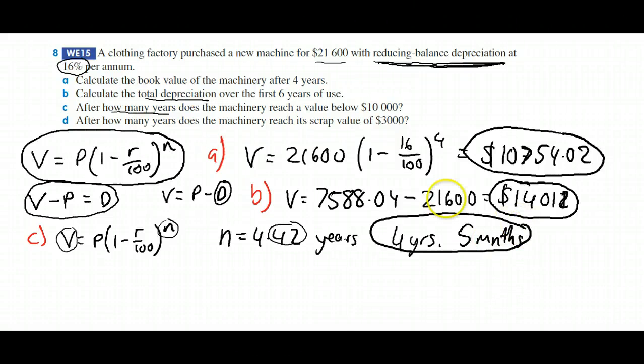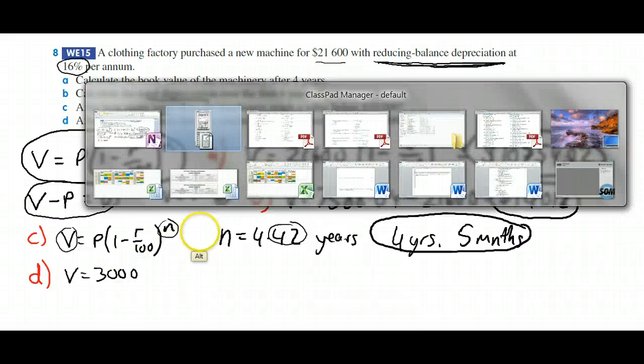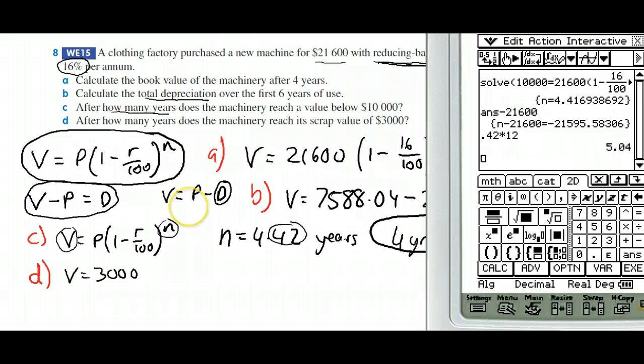And lastly, the question says, after how many years does the machinery reach its scrap value of $3,000? So this time the book value has come down to 3,000, so we need to put that into our equation up here. The book value is no longer 10,000, it's now 3,000. Everything else is the same, we're still trying to calculate N, and when we execute that we get 11.32 years.